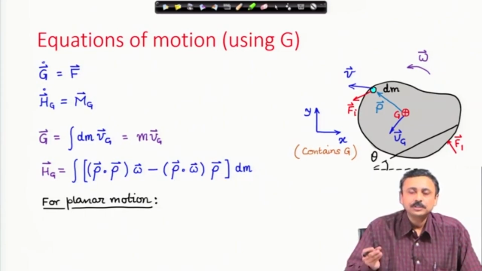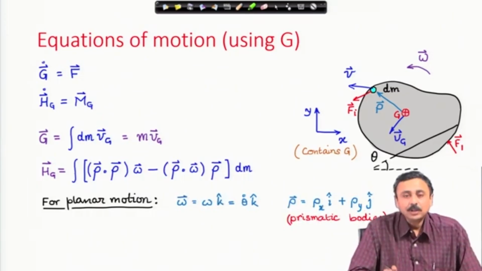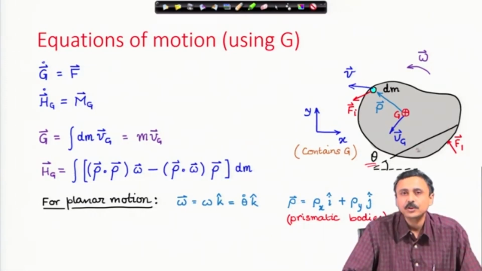But a rigid body, of course, may have some thickness, so you can have particles which are out of this plane, but then they are moving in parallel planes. Because of this, the angular velocity of this body must have a direction perpendicular to this plane. Therefore, the angular velocity omega of this rigid body must be some omega times k cap vector, which can be written in terms of this angle made by any line which is fixed on the rigid body with respect to some datum line.